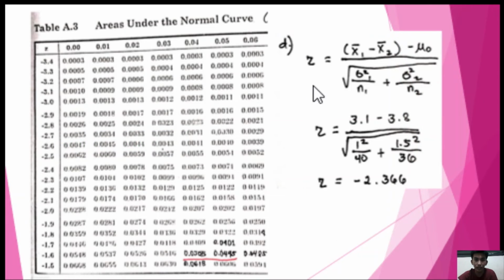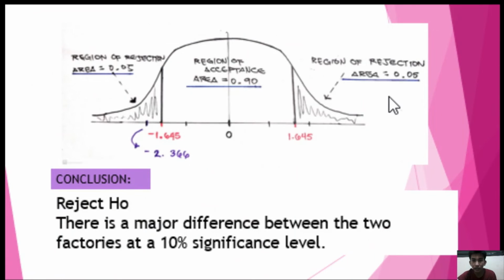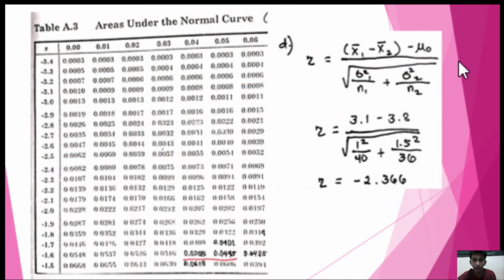Now, sa D, meron tayong formula yung kanina, gagamitin na natin yung formula na z is equal to the quantity of x bar sub 1 minus x bar sub 2 minus mu sub 0 all over the square root of sigma square sub 1 all over n sub 1 plus sigma square sub 2 all over n sub 2.